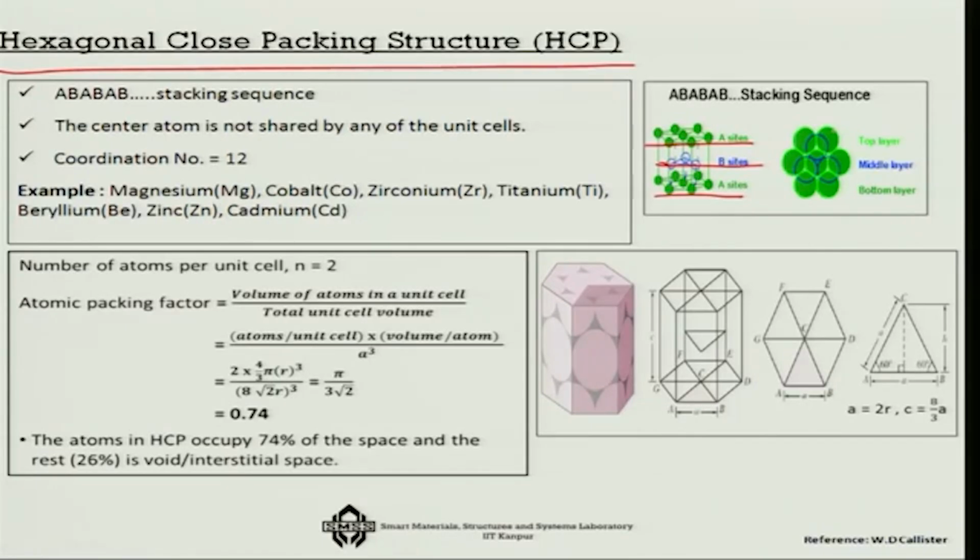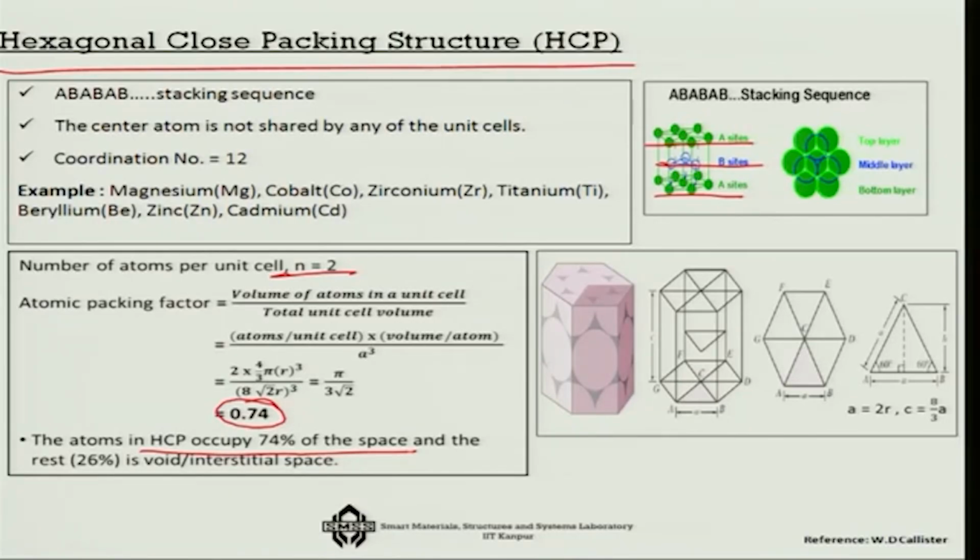So, in such a case the number of atoms per unit cell will come out to be n equals 2, and if you calculate the volume you will see that this is about 0.74. That means 74% of the space is occupied and only 26% is free. So, that means this is the densest stacking sequence.